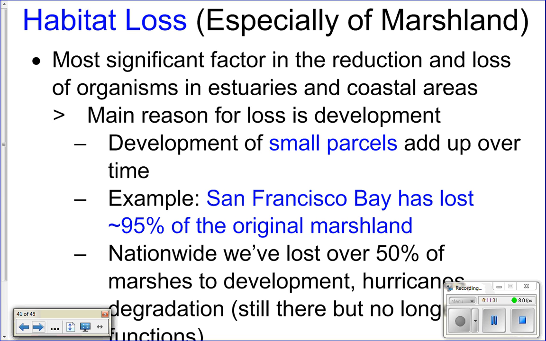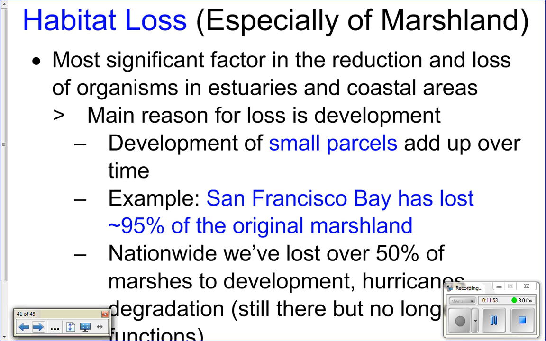What tends to happen is people will take little pieces of marshland at a time, and they'll say, oh, I'll just use this little piece of marshland to build my house and we'll fill it in and it'll be fine. Well, if everybody does that, then you get lots of marshland that eventually gets used up and taken away and destroyed over time.